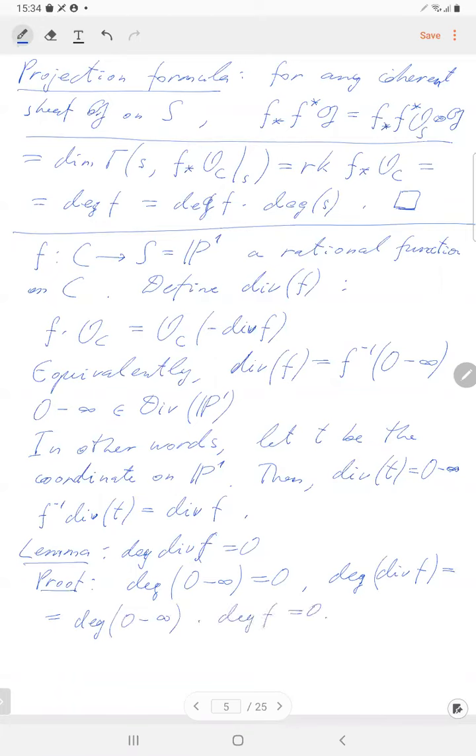It's 0 as well. Fine. So the divisor of any rational function, and this is called a principal divisor, has degree 0.